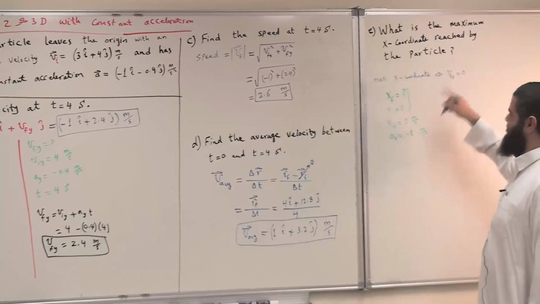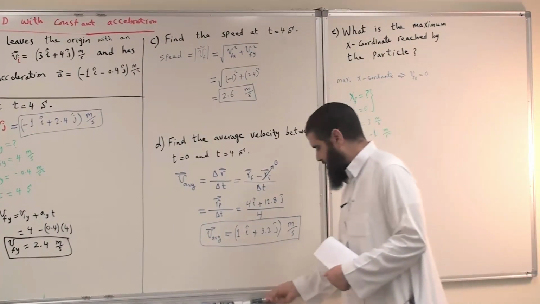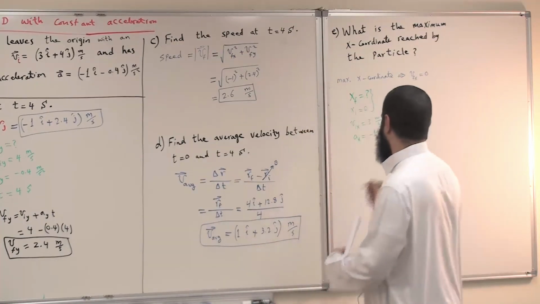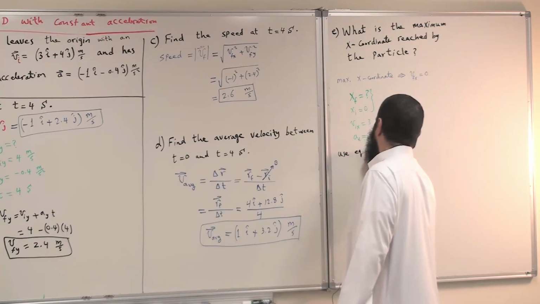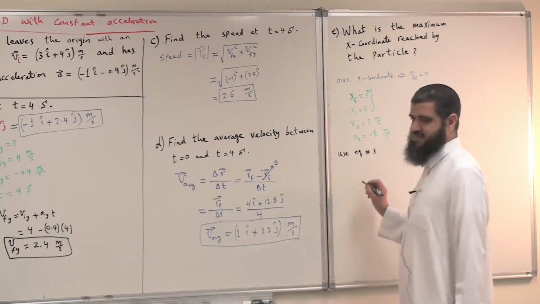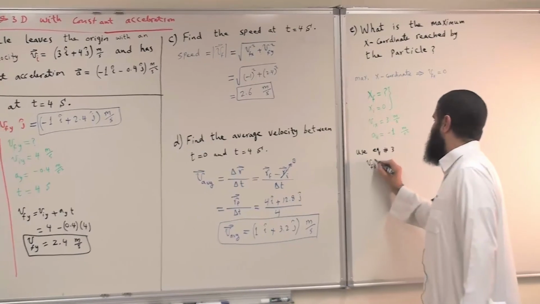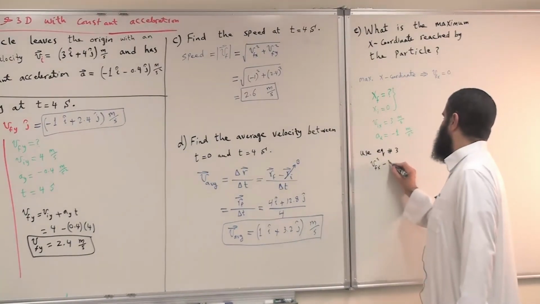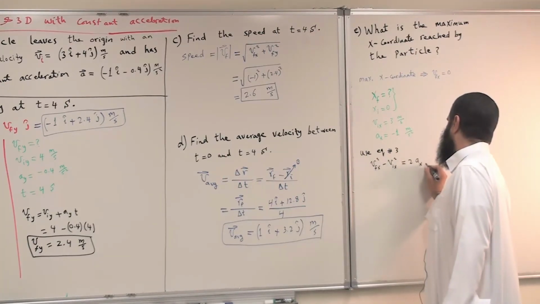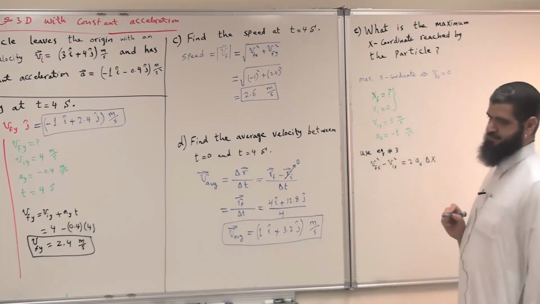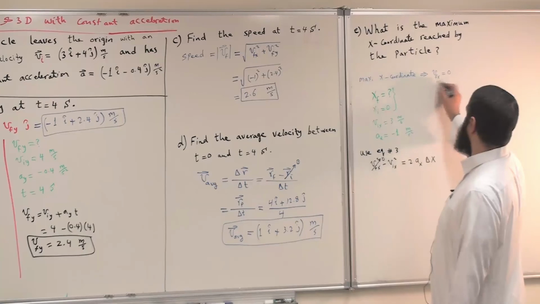The equation of motion that doesn't have time is equation number 3. What does equation number 3 say? It says v final x square minus v initial x square equals 2ax delta x. V final x is 0, it is given here.